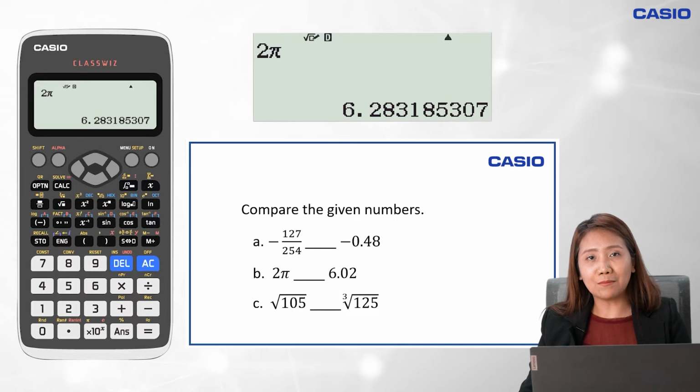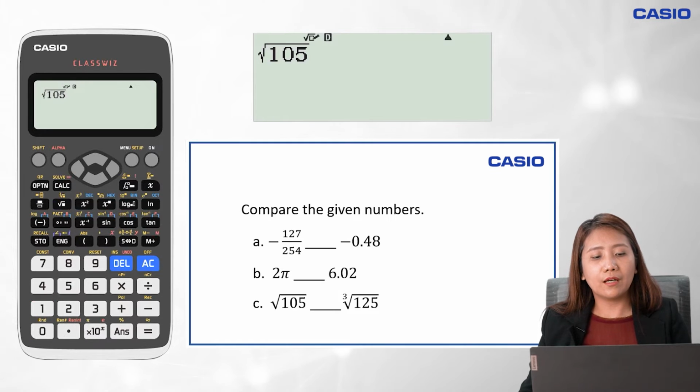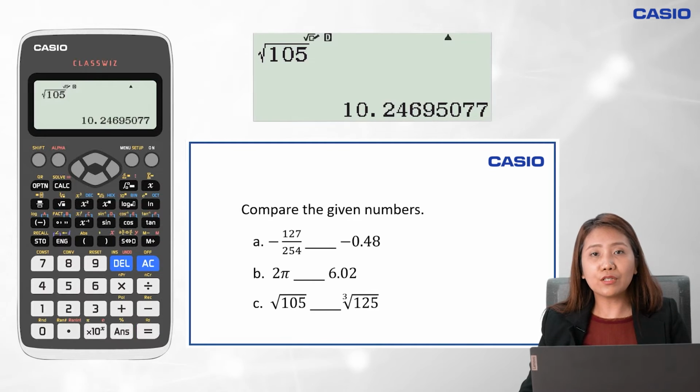And for the last item C, to compare the square root of 105 and the cube root of 125, we can change both to decimal. So, we key in the square root symbol followed by 105, then we press equal sign, change it to decimal, click on SD, and the value is approximately 10.25.